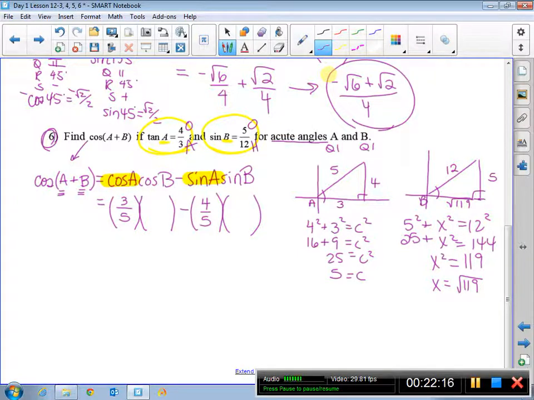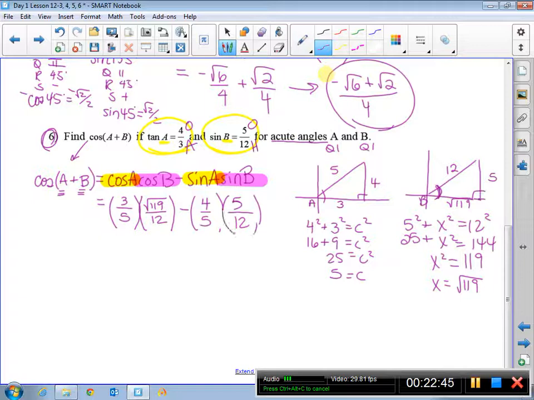Now that we have our whole triangle figured out, we can go and fill in the cosine of angle B and the sine of angle B. Need to draw the pictures, need to know all the parts of the triangle. So the cosine for angle B, adjacent over hypotenuse, and the sine for angle B, opposite over hypotenuse. Whoops, opposite is 5, hypotenuse is 12.